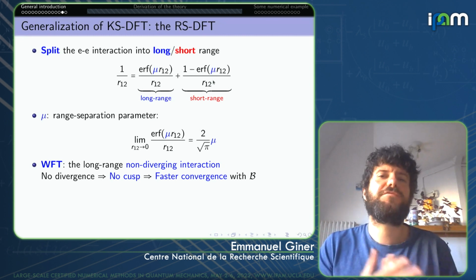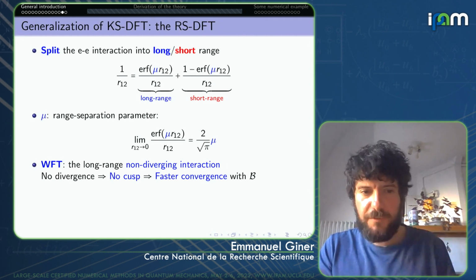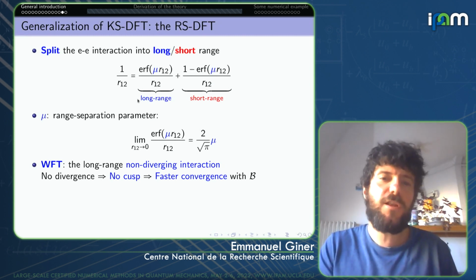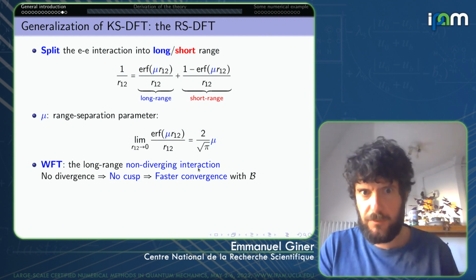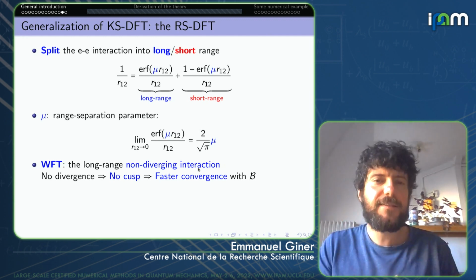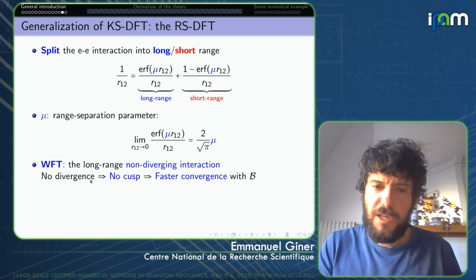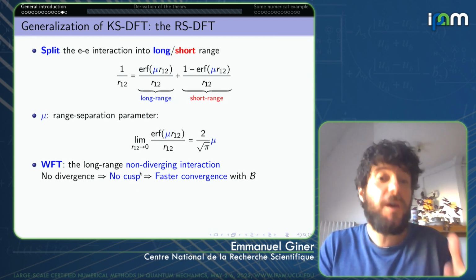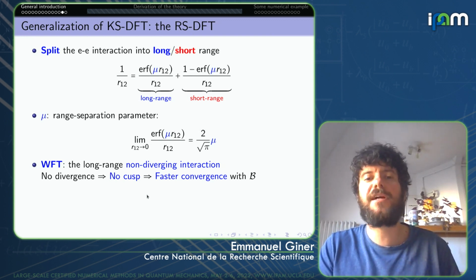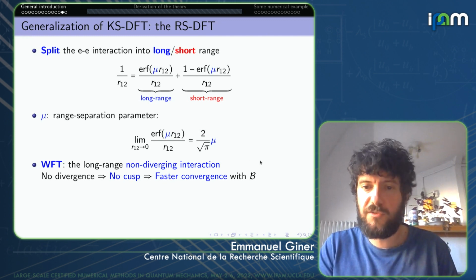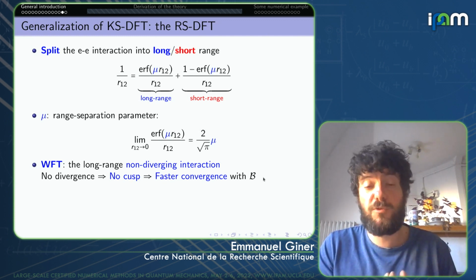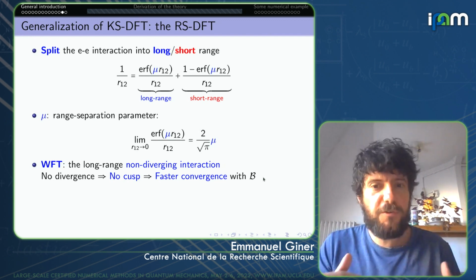So the idea of range-separated DFT is that the wave function now is going to deal with the long-range non-divergent interaction. Because it deals with that, there is no divergence in the interaction, so the wave function has no cusp, and as it has no cusp, it has faster convergence with respect to the basis set. This is really something nice from the wave function perspective.